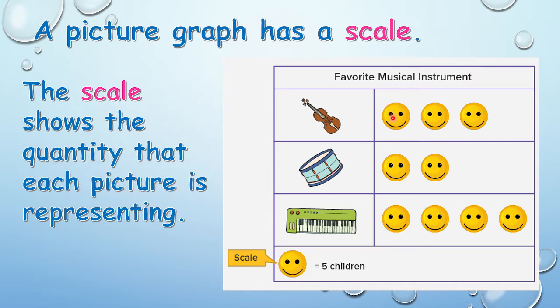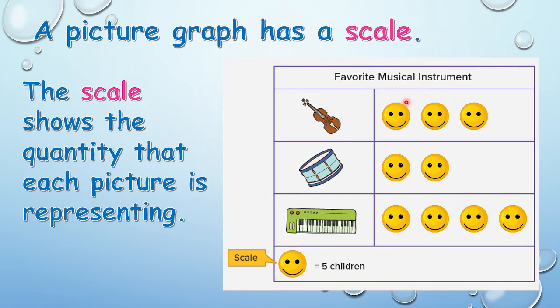Like for example, this one, in the first line you see three pictures, three smiley faces. So each smiley face represents something. For this picture graph, each smiley face is equal to 5 children.